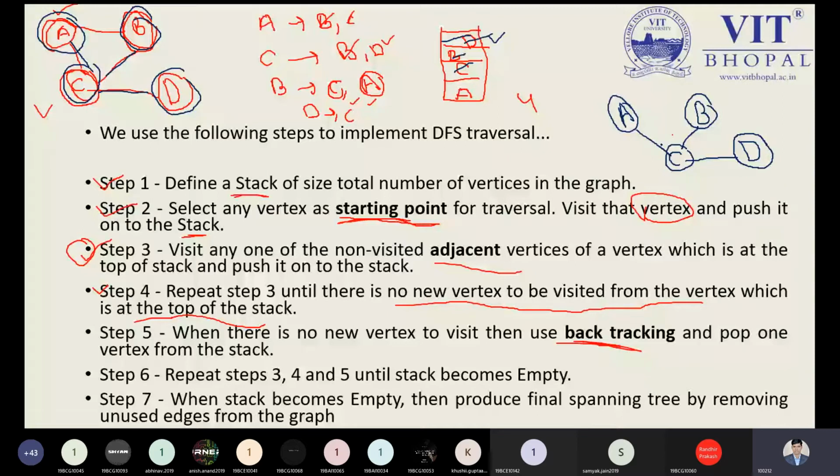If there were a cycle, we could say this is a graph, but not a spanning tree. A spanning tree is a kind of graph. So you can see A, B, C and D, all four nodes are visited, but there are no cycles. So we can say this is our spanning tree. Okay, now is it clear to all?